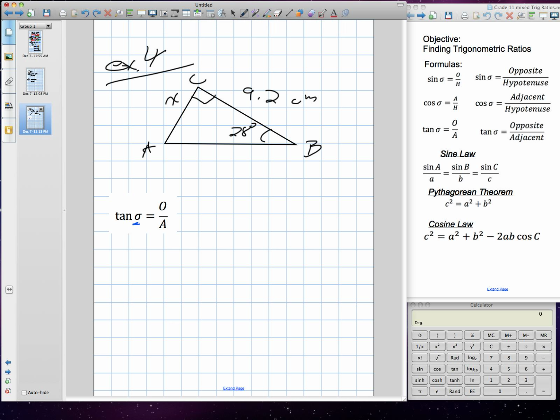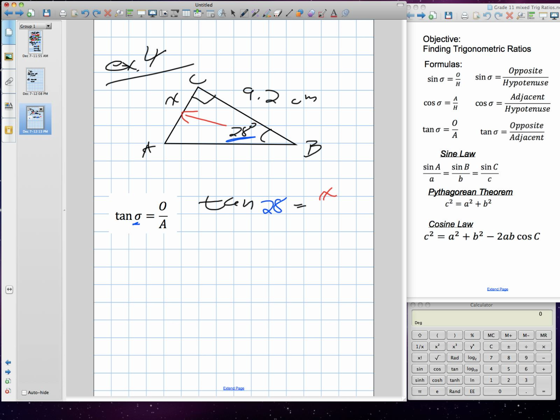The opposite side of this equation will be what? X. The adjacent side is 9.2. Okay. Now what we need to do is we need to solve for x.